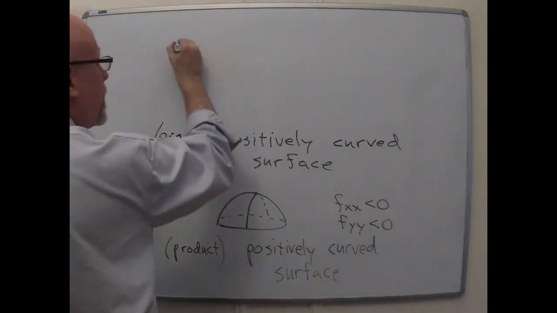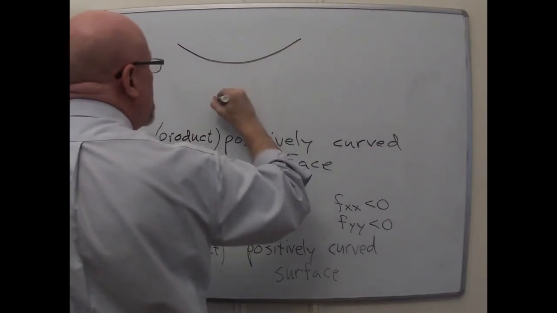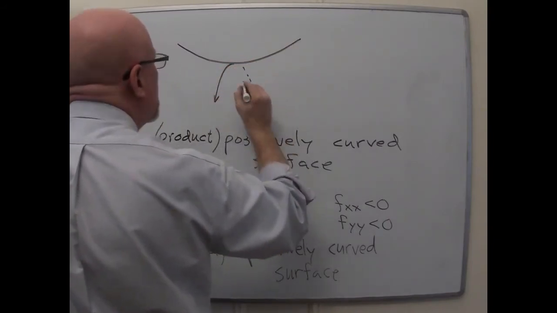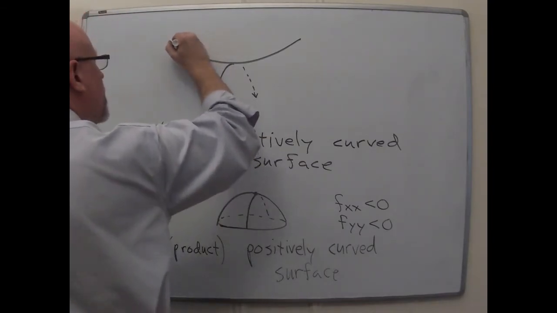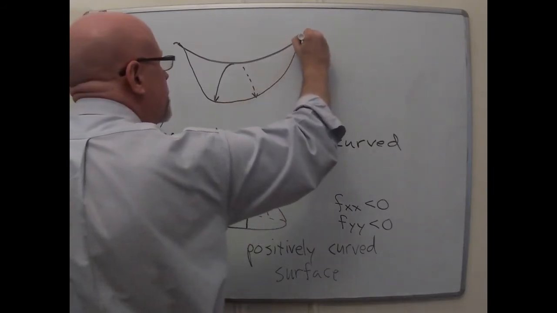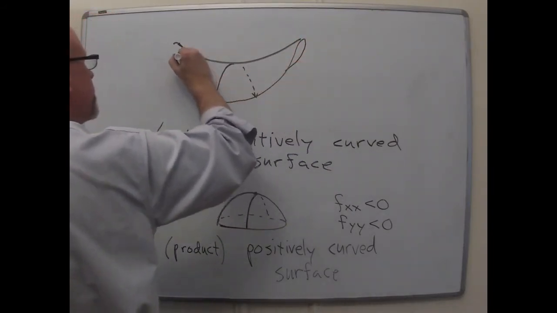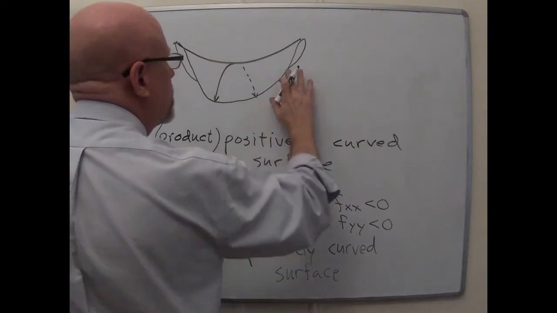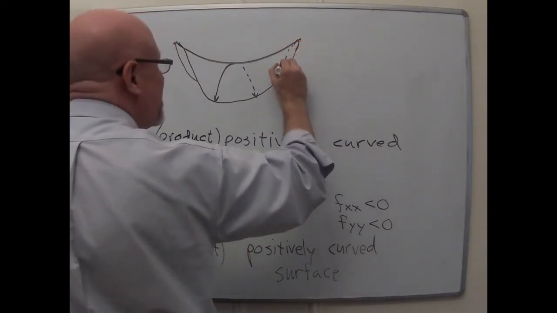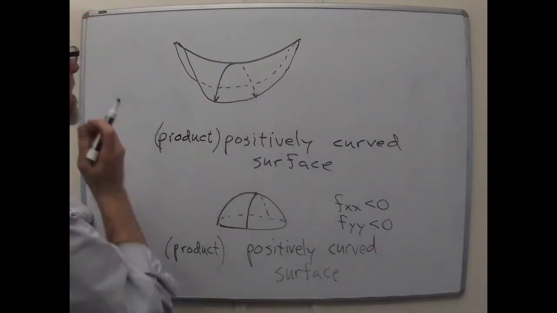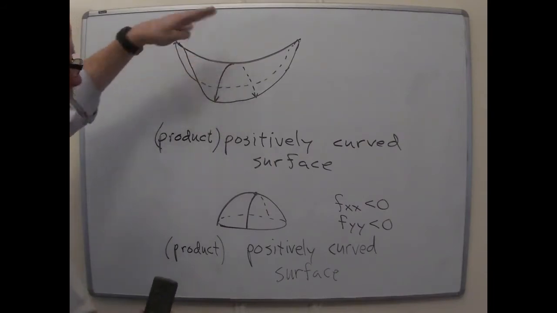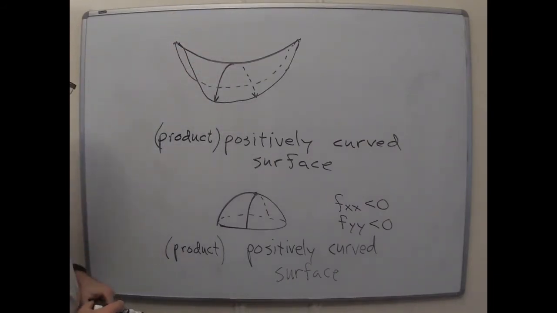So if in one direction we curve upward and in the other direction we curve downward, I don't know if that looks like a saddle to you or not. I think it doesn't. I'm really having a bad time trying to draw saddles. Anyway, one direction's curved upward, the other direction curved downward. The product now is a negative number.